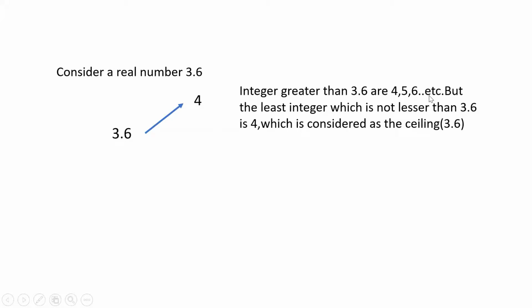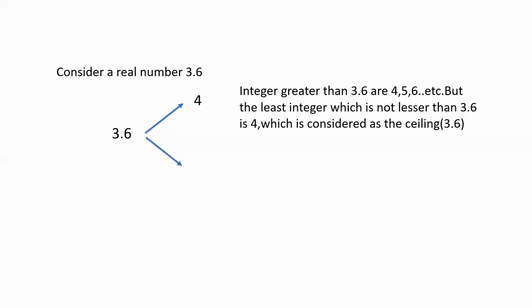Among these, 4 is the least number which is not lesser than 3.6. So 4 is considered as the ceiling of 3.6.